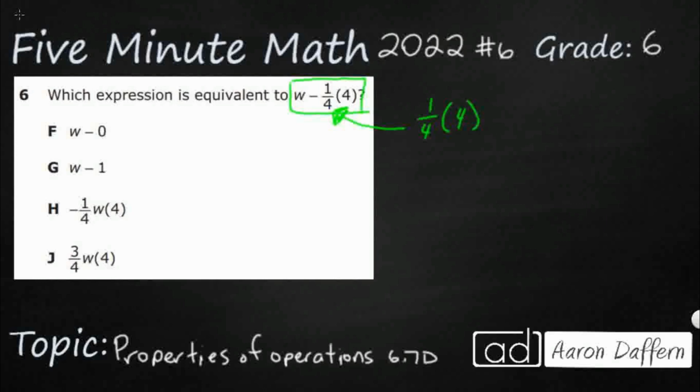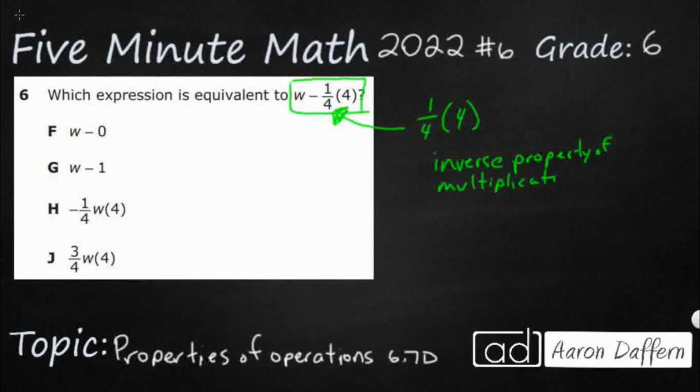One of the properties we learn about in 6th grade is the inverse property of multiplication, or sometimes called the multiplicative inverse property. So that's what we're looking at right here. This is an example of the multiplicative inverse property.